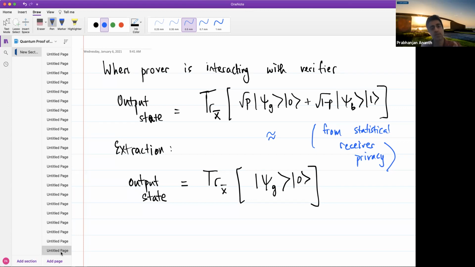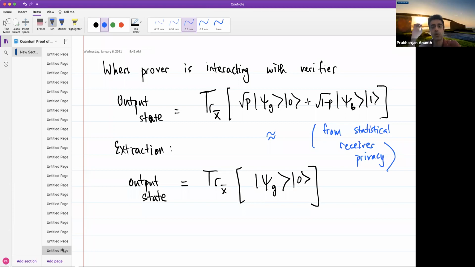So this was about 1-bit extraction. And here we saw that the extractor can successfully extract with probability negligibly close to 1. But unfortunately, the verifier can actually recover the bit with probability negligibly close to half.